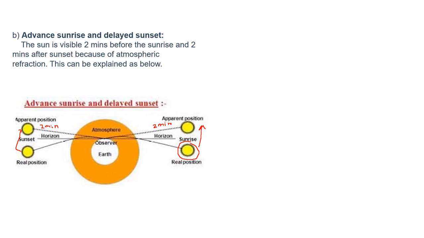This is due to atmospheric refraction, and due to the scattering of light, the sky looks blue in the normal daytime, and it looks reddish during the early morning, the sunrise or the sunset time, right? So all these phenomena are very important for you to learn and understand, and this is the end of the chapter.